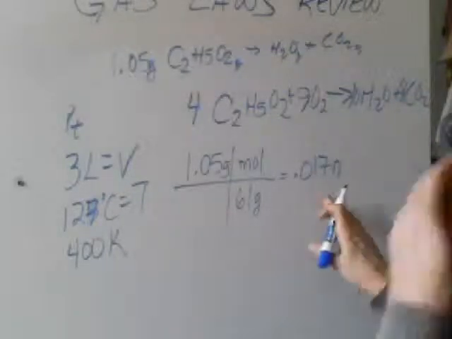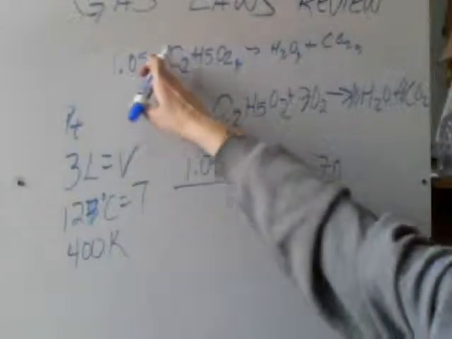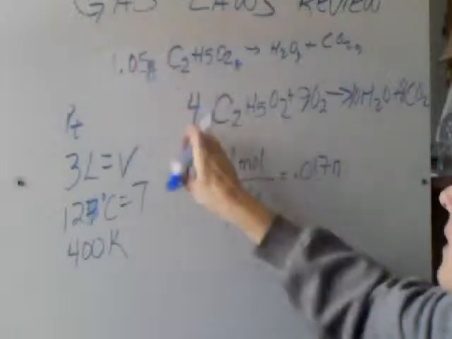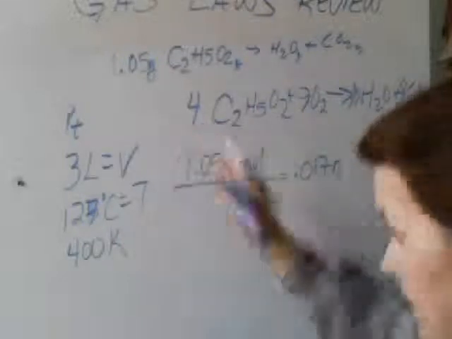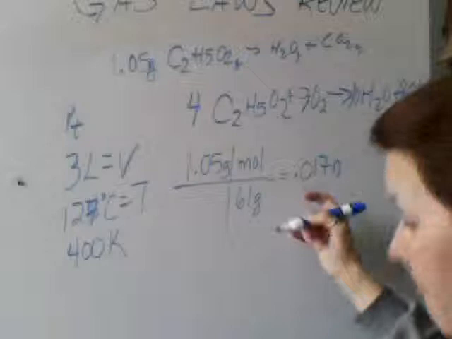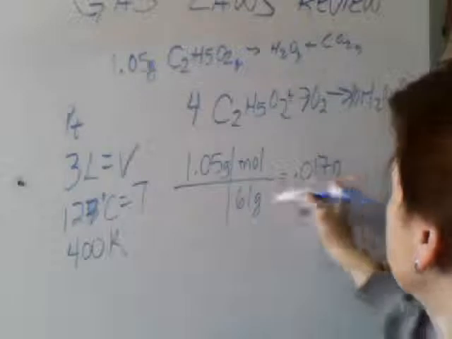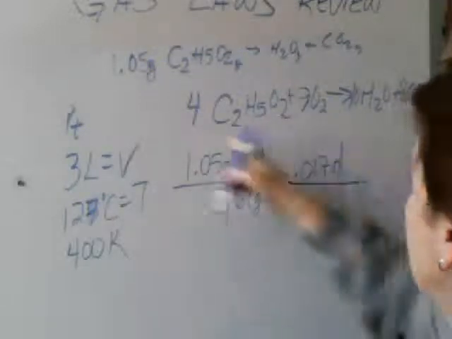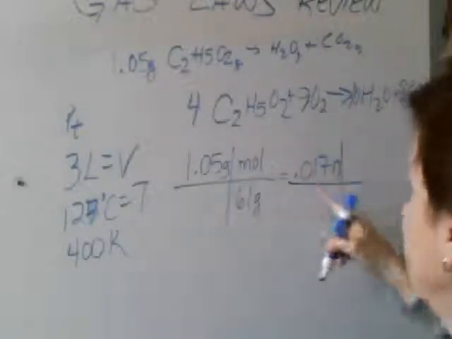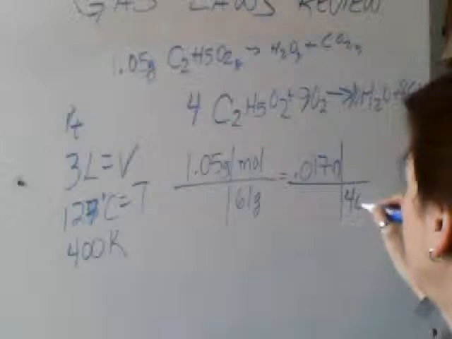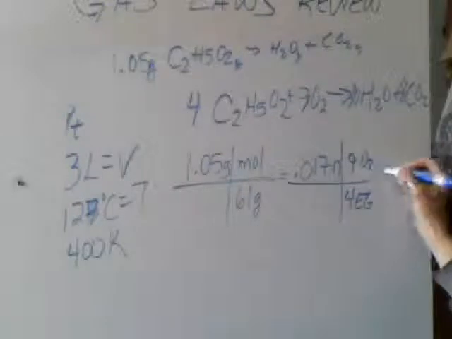So if we have 0.017 moles of that, we would substitute in there, and we would look at the ratio of our stoichiometric coefficients. We know that for every 4 moles of ethylene glycol, we need to have 9 moles of oxygen.